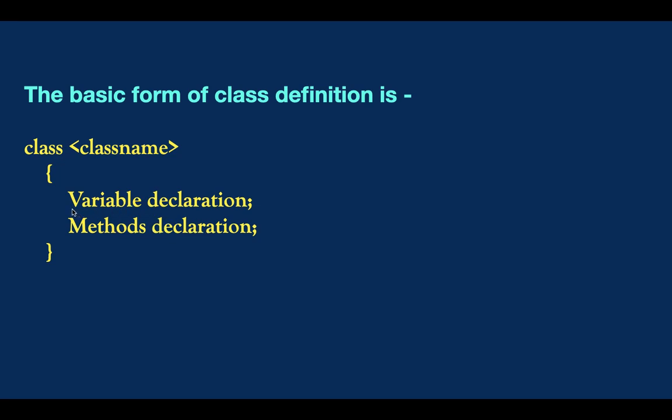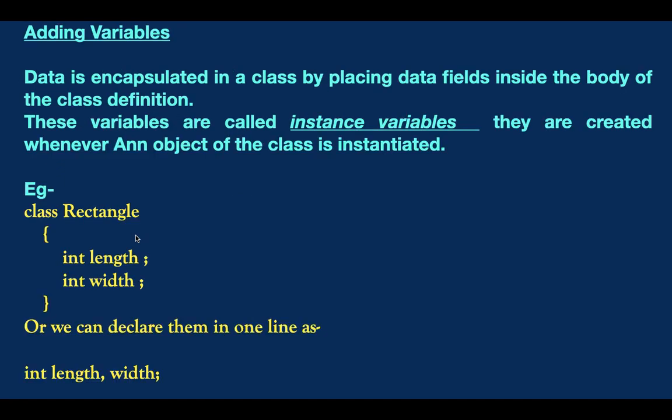As we know, a class contains variables and methods. Before using them we need to declare them and then define them, and then later we manipulate them. So this is the basic structure of a class. Now moving to the next slide.